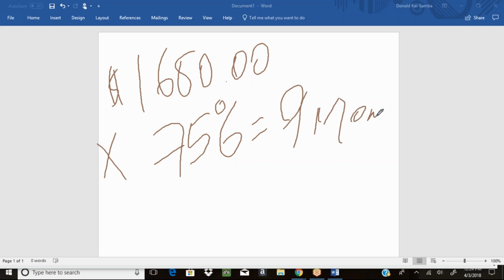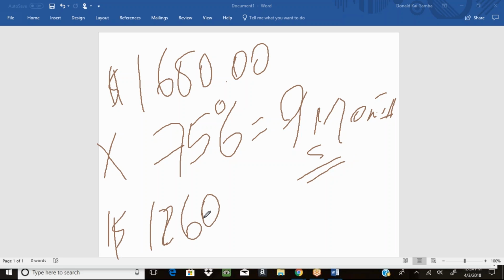I believe that they're both the same. Most companies will look at 75% of 9 months. So you take $1,680 and you times that by 75%. That gives you $1,260.